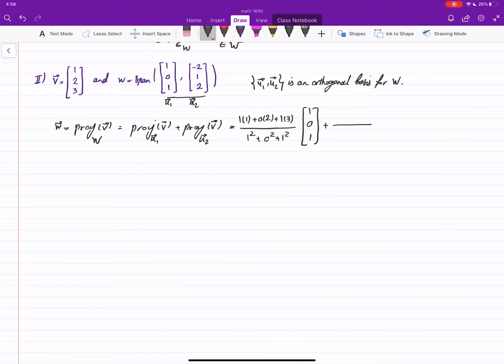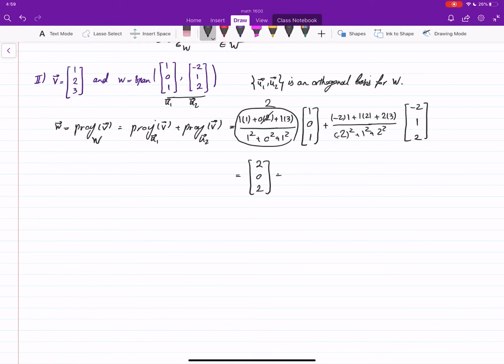Plus u2 dot v, which is negative 2 times 1 plus 1 times 2 plus 2 times 3, over u2 dot u2, negative 2 squared plus 1 squared plus 2 squared, then multiplied by (-2, 1, 2), that's u2. Let's see what we have here. The numerator is 4, the denominator is 2, so the coefficient is 2. So (2, 0, 2) is what we have for the first part.